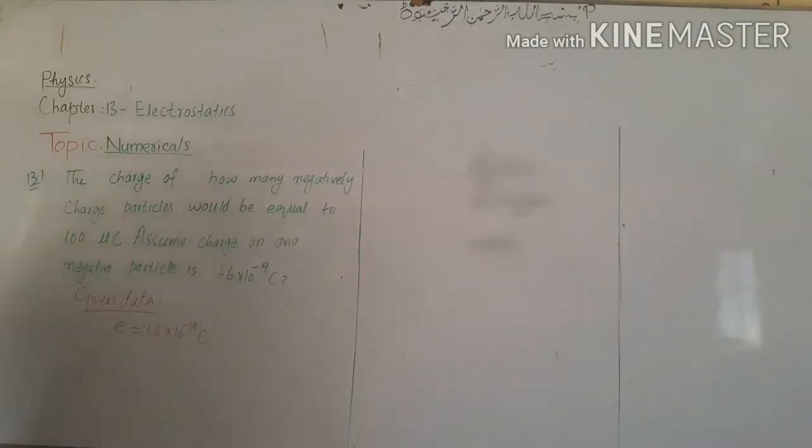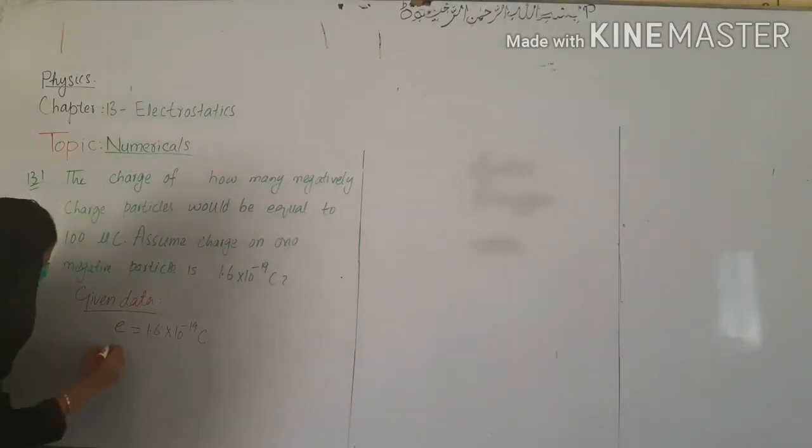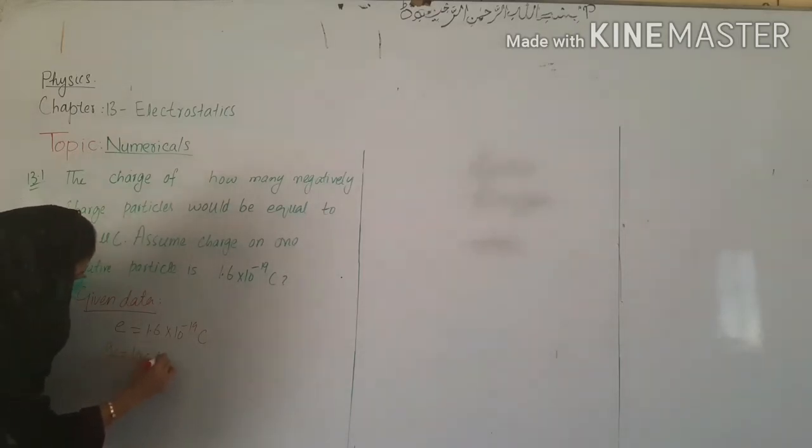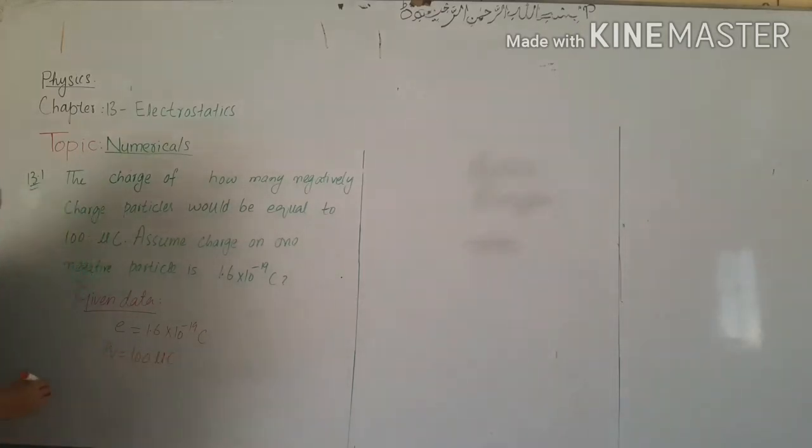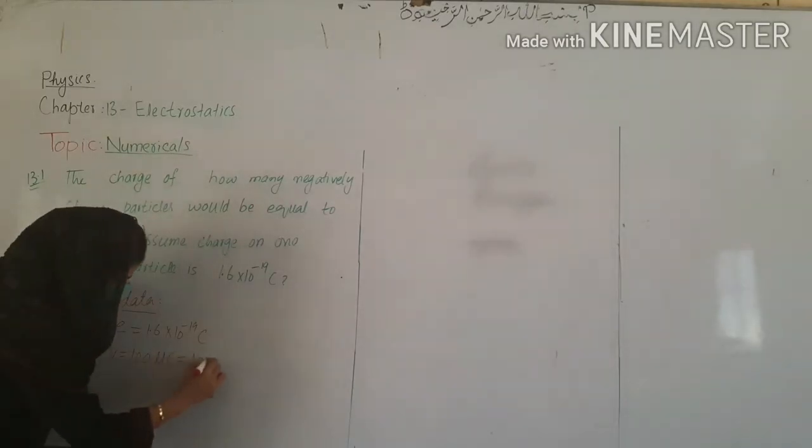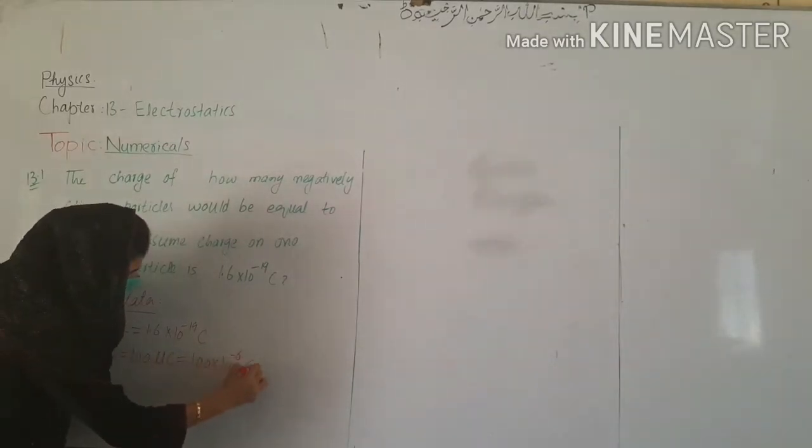Is it clear? And then you have the given data, that is the total amount of charge, Q is equal to 100 microcoulombs. Micro is a prefix, that will be equal to 100 multiplied by 10 to the power minus 6 coulombs.